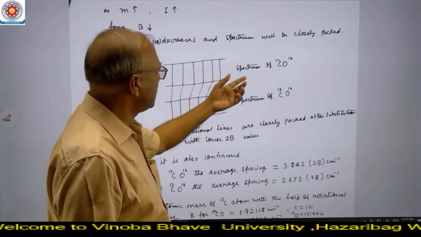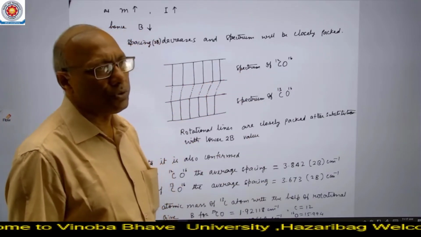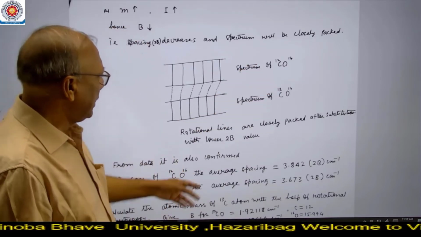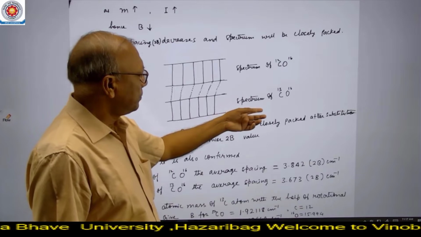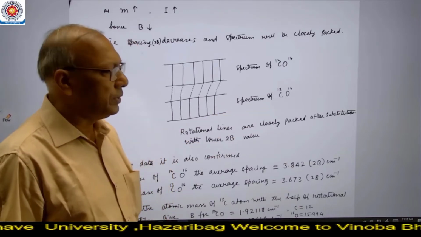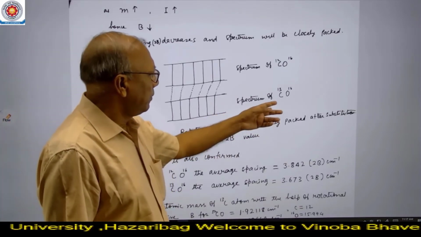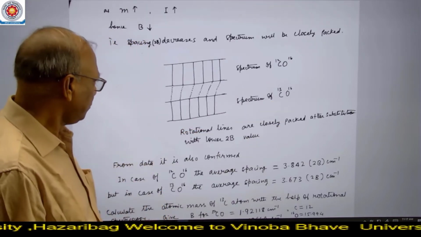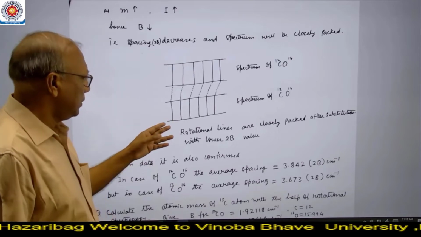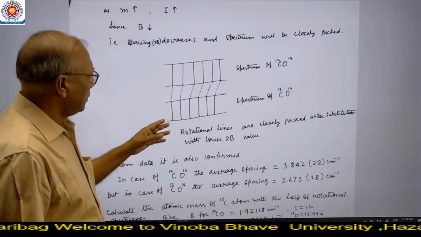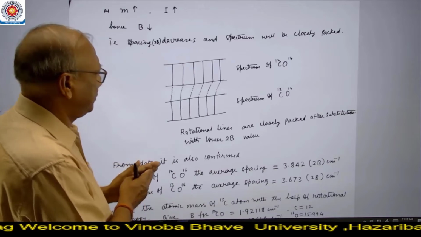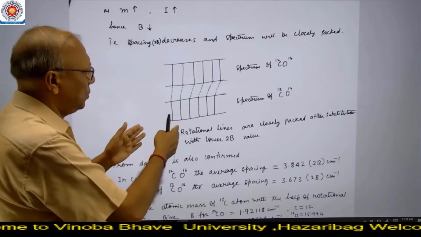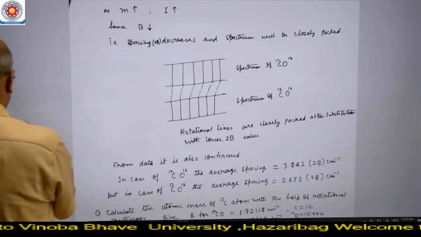Here the upper figure is the spectrum of carbon monoxide with the normal carbon atom C12, and the lower figure is the spectrum of carbon monoxide with substitution of the C13 atom. What we observe here is a shifting of spectral lines towards the lower region.